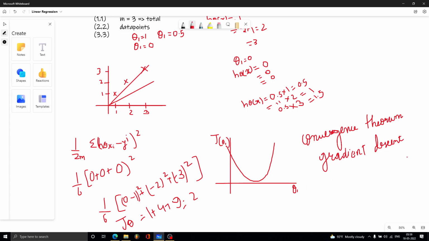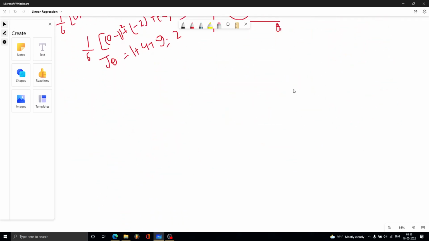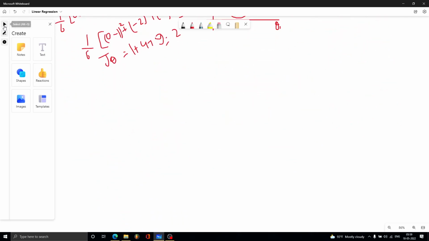Now when we talk about gradient descent, how does it look? We try to get all the theta values we can. So how do we denote the convergence theorem? Let me show you the formula first. It says theta j is equal to theta j minus alpha. Now what is alpha? Alpha is our learning rate. I'll explain the use of this alpha.